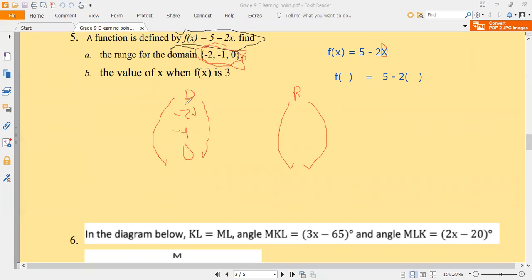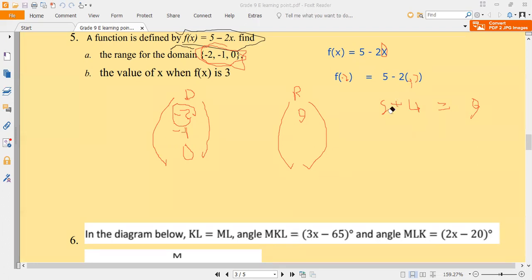We take this -2 and put it here. We say 5 minus 2 times -2, that gives us +4, so the answer will be 9. So the corresponding value of -2 is 9.